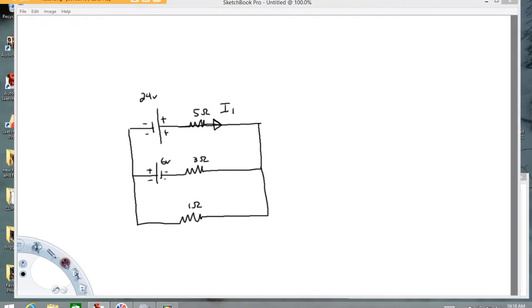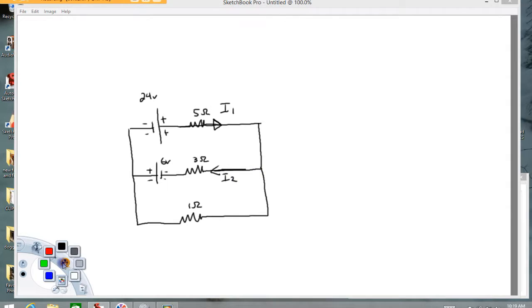Now that value of I1 is going to be good anywhere in this branch. So I could actually draw it anywhere, up here or down here. That's perfectly fine. Now when we get to this point, there's going to be a divvying process. Some can go through this branch, some through this branch. So we're going to have a new current in this branch, most probably in this direction, which I'll call I2.